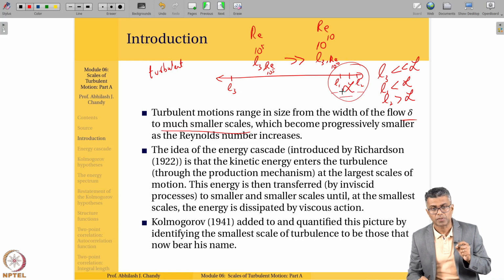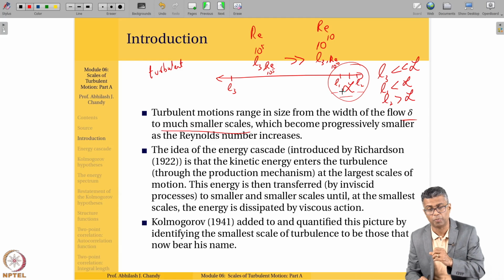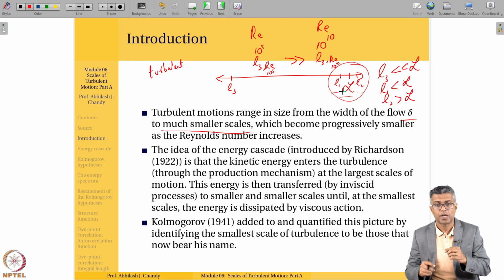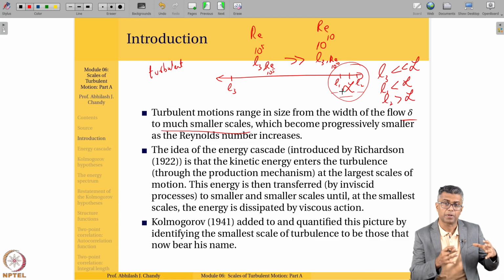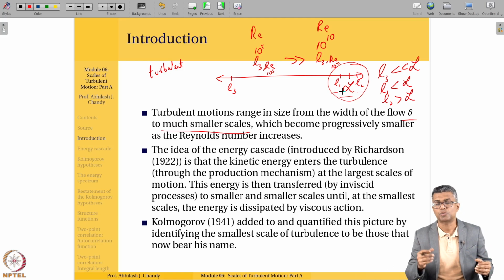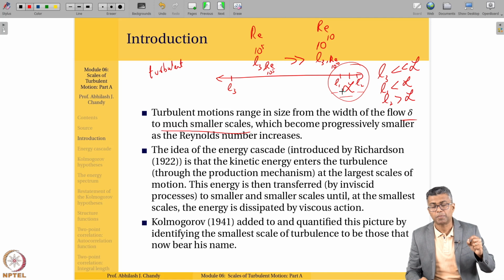Then what happens? As the flow is coming into the domain, exiting the nozzle, what happens? You have velocity gradients that break up the large scales into small scales. You have a breakup of the large scales to the small scales.